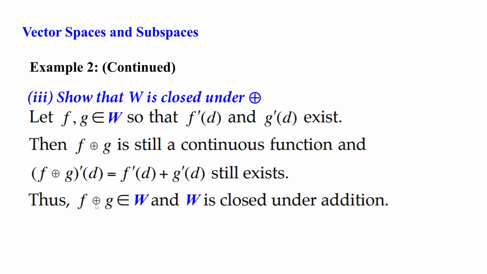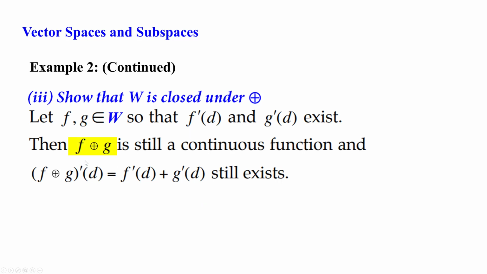Next up is addition. Now we have two arbitrary functions in W. We don't know anything about them except that they're continuous functions on the closed interval [a,b], and they're both differentiable at that number D. What's our goal? We need to show that f plus g is differentiable at D. Again, the derivative is a linear operator, so this will follow straight from our concepts of calculus 1. The derivative of f plus g is f prime plus g prime.